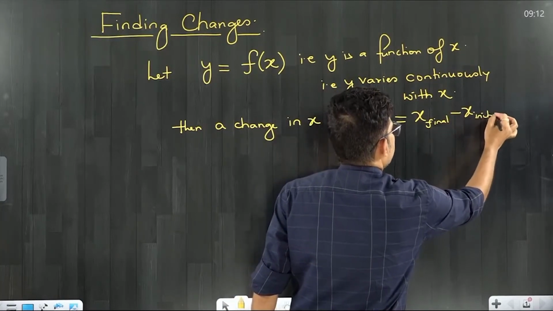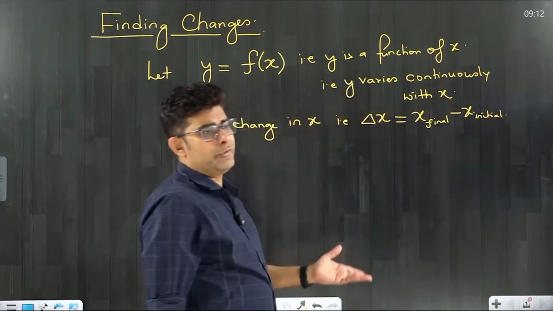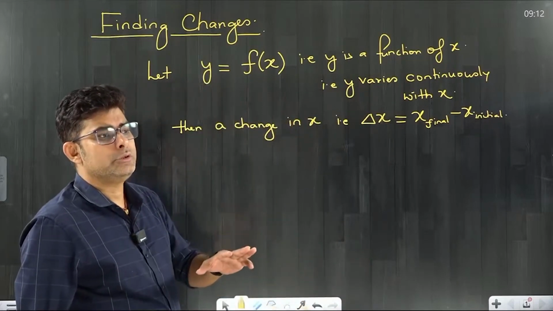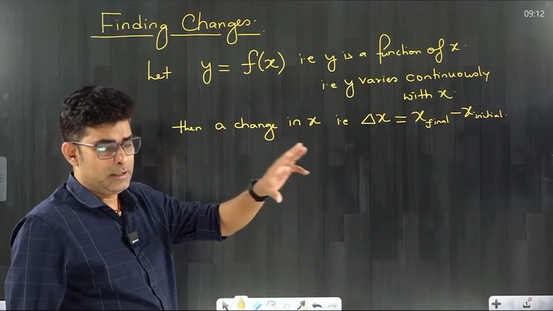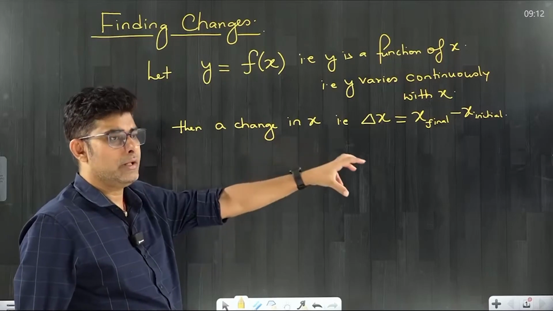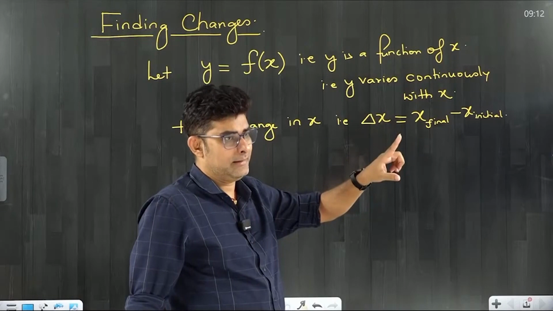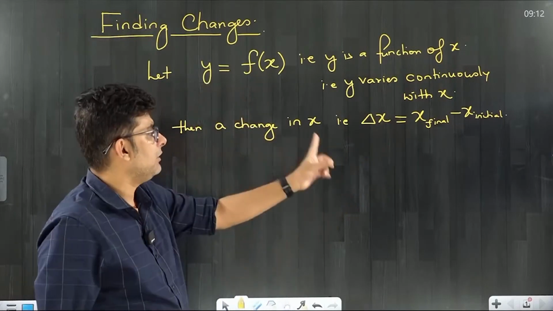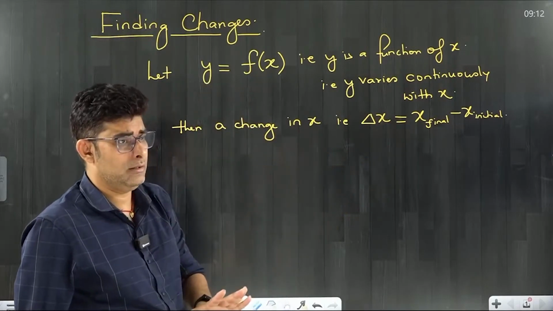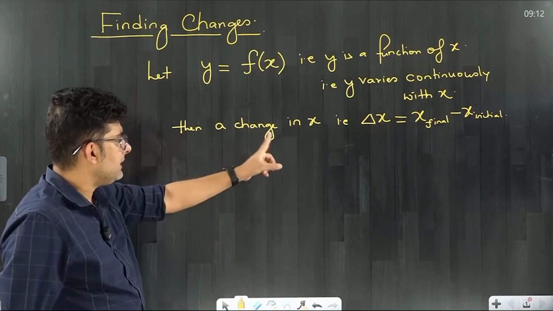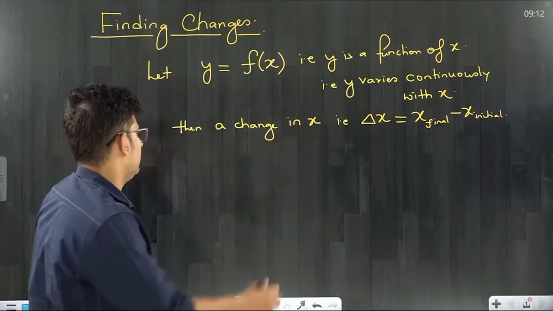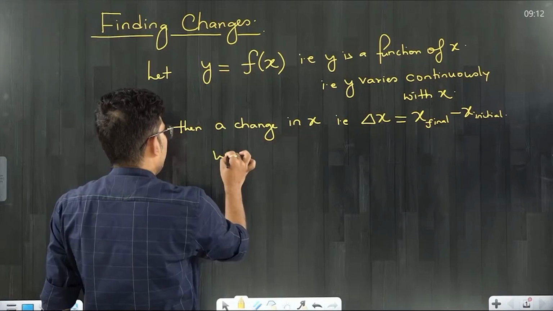So suppose you are saying that a particular physical quantity, its value changed from 3 to 7. That means 3 is the initial value, 7 is the final value. So the change will be 7 minus 3, not 3 minus 7. Whenever we write change, it is always the final minus initial. Clear?